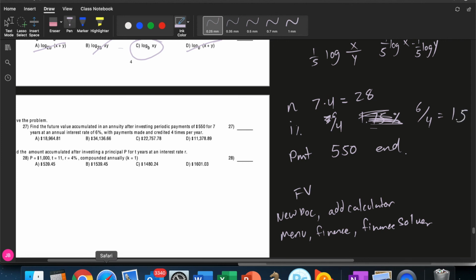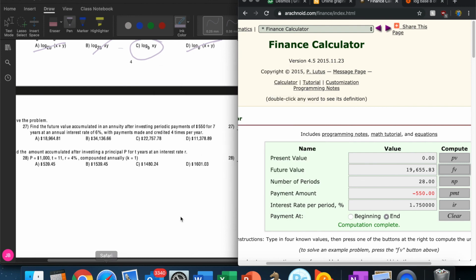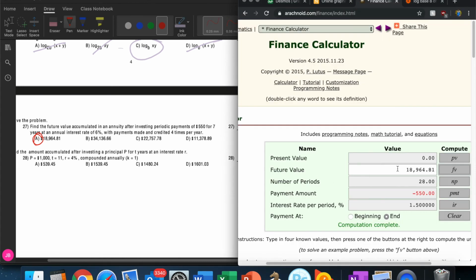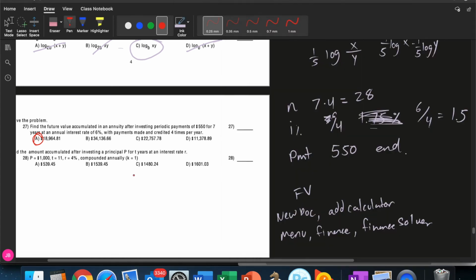All right, we go back. And we're going to have interest rate of 1.5 instead. And now we can come, there we go. So our answer is going to be A, which matches up to what we got. My mistake, but we fixed it. We can move on to the next one.